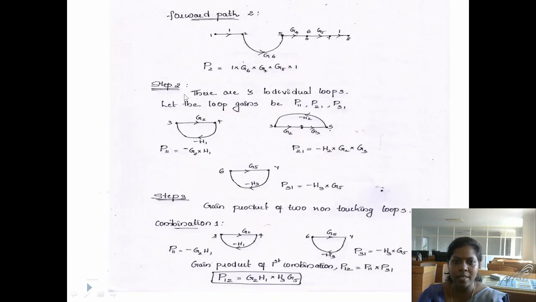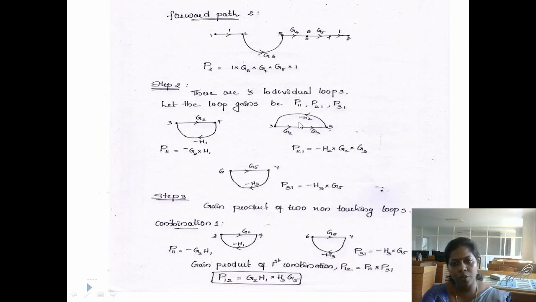So for step number 2, draw all the individual loops separately. This is our first individual loop, this is our second, and this is our third. Draw each individual loop and then write the gain values. This is the gain value of loop number 1, that is, multiply all the gain values. Loop number 1 has G2 and minus H1 as gain values, so multiplying, we get minus G2 into H1.